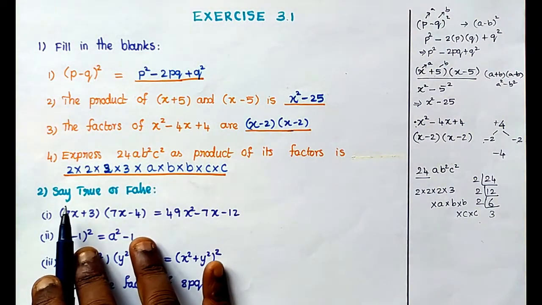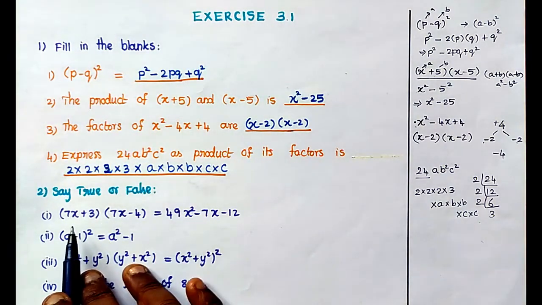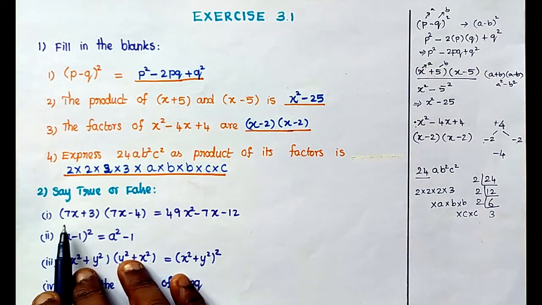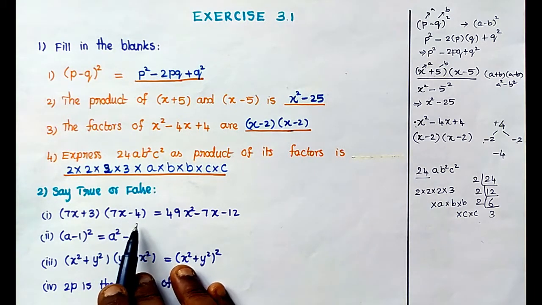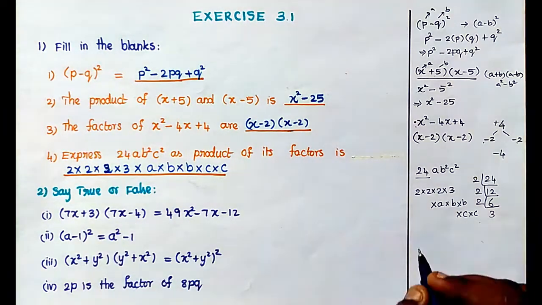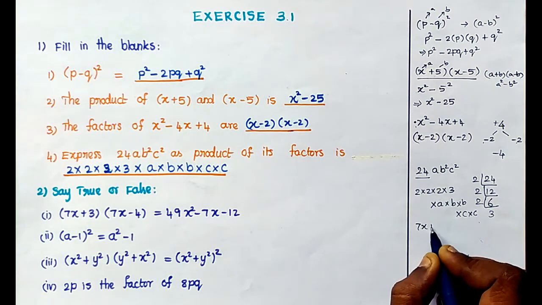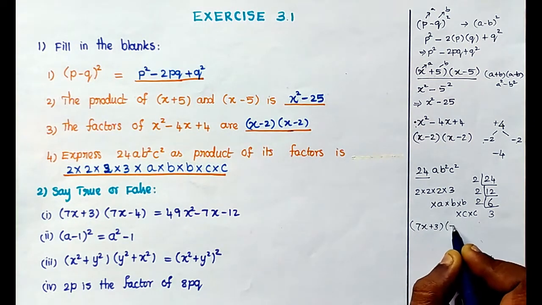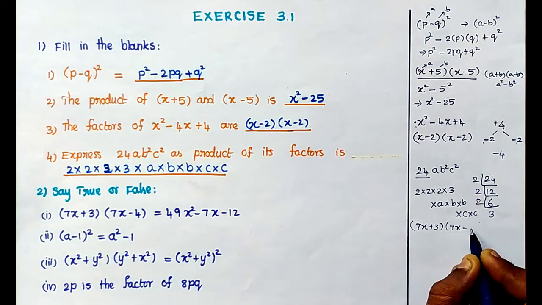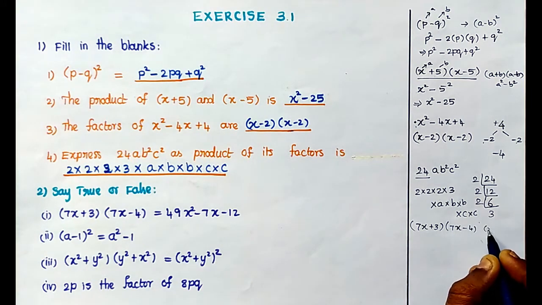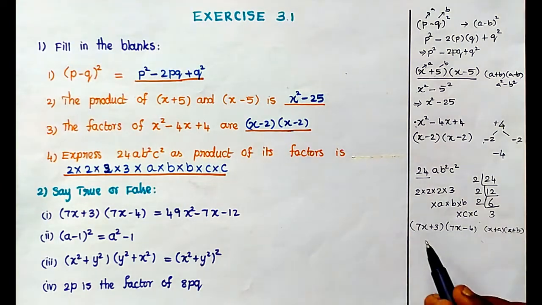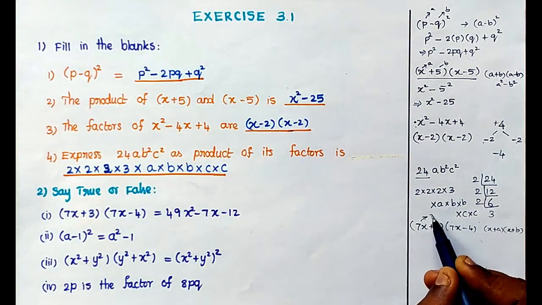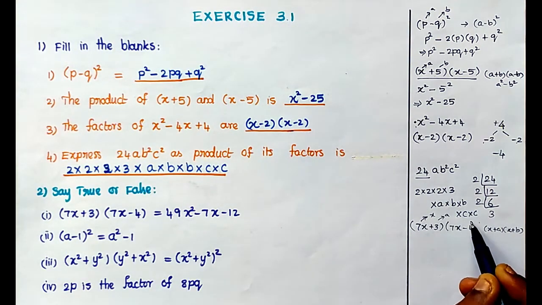Second one, say true or false. First subdivision, (7x plus 3) into (7x minus 4). This is in the form (x plus a) into (x plus b). Here x is 7x, and a and b are 3 and minus 4.